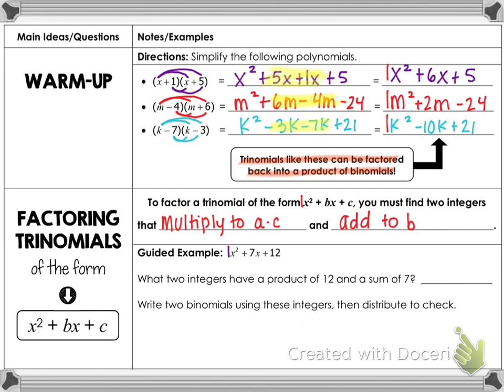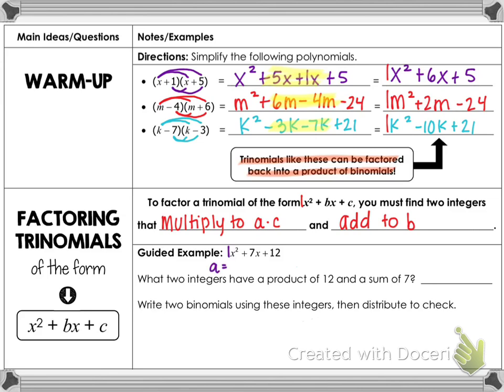Okay, so for example, notice how there's a 1 in front of this again. So we need to make sure for all of these examples we have a 1 in front of that squared term, whether it be x squared, k squared, m squared. But there's a 1 in front of it, okay? So we have to figure out what two integers have a product of 12 and a sum of 7.